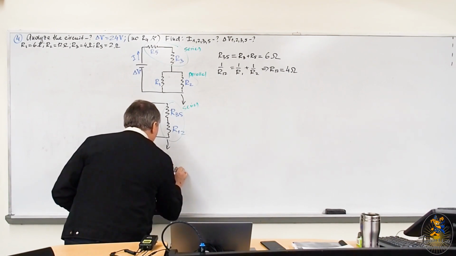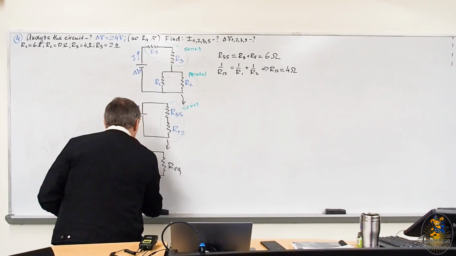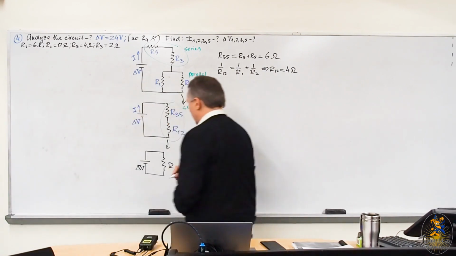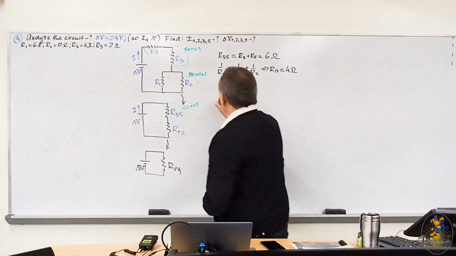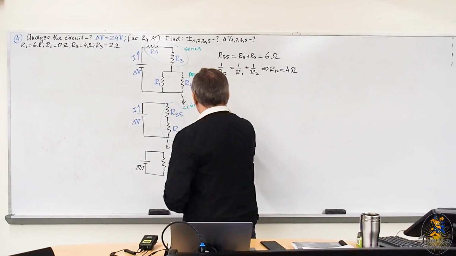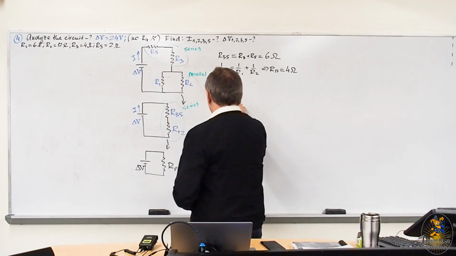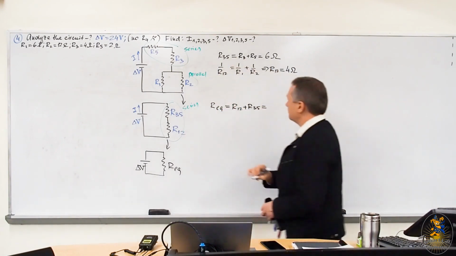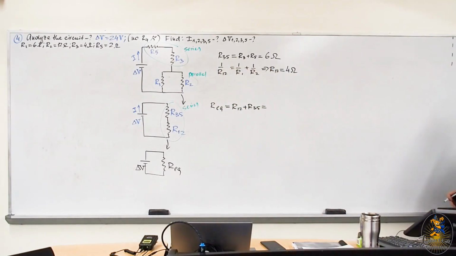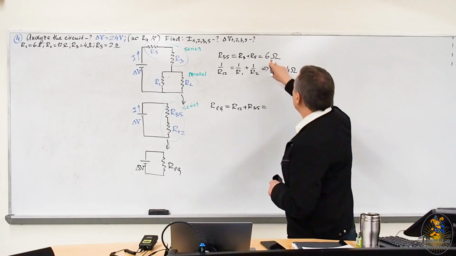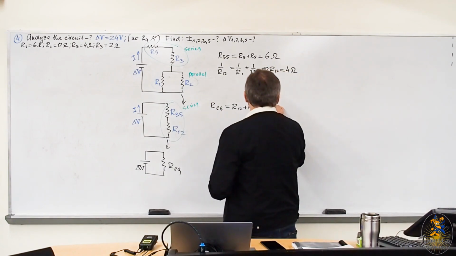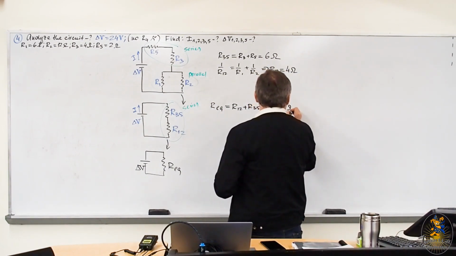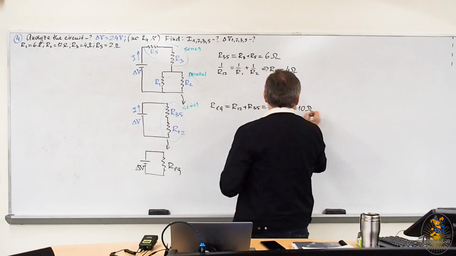This will be R equivalent, and the battery still works in exactly the same way. R equivalent will be R12 plus R35, 4 ohms plus 6 ohms, so that is 10 ohms.